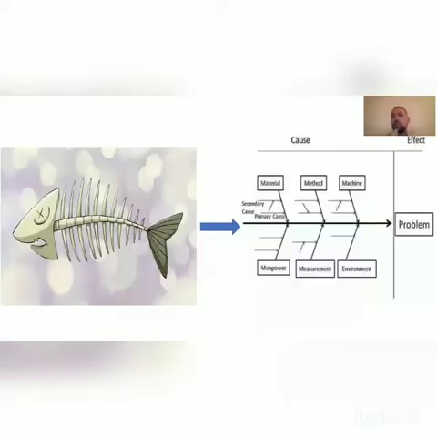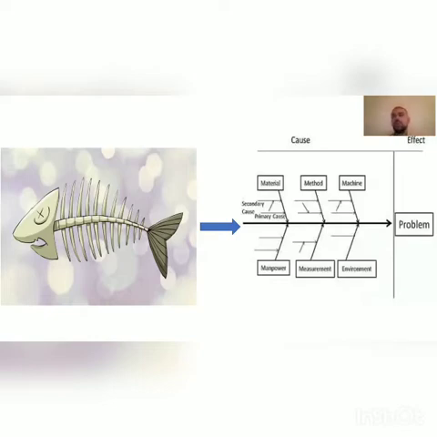Dear friend, after the brainstorm, the first diagram which is used is the Fishbone diagram. Our intention is to categorize the causes of the failures into 6 main categories.